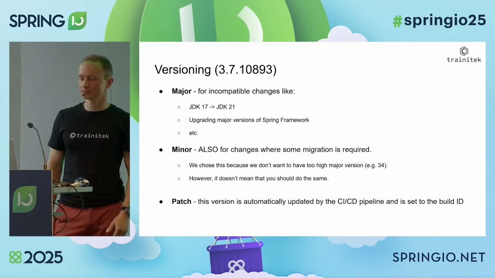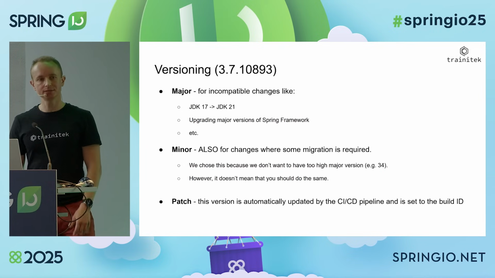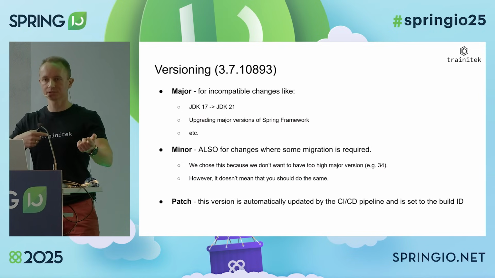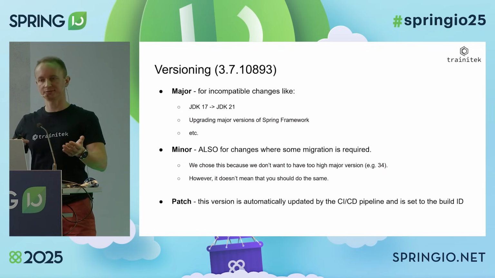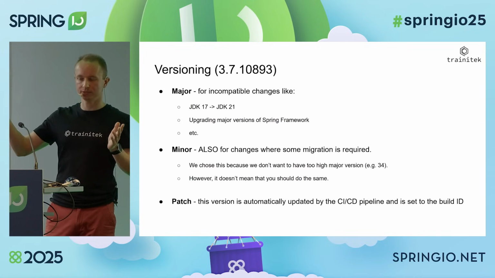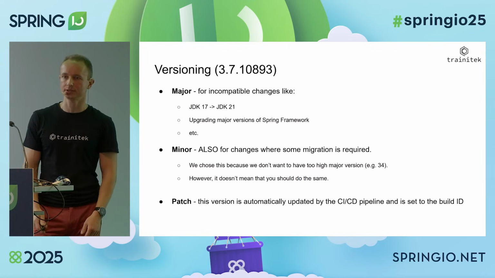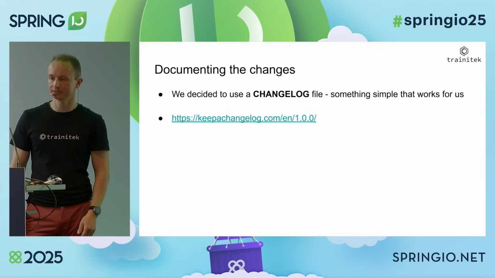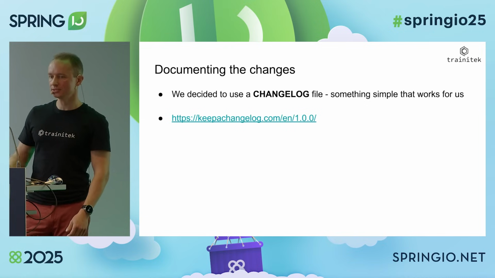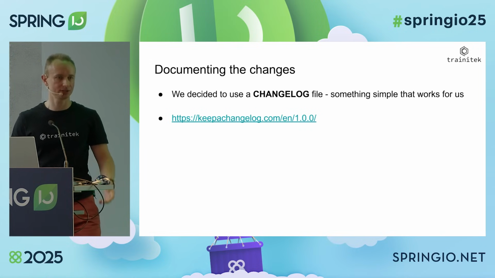And patch versions are automatically set by CI/CD to the build ID, so we can clearly match what version was built and where, and follow the artifacts, the log, and things like that. When documenting our changes, we chose a changelog file. You can check the link.